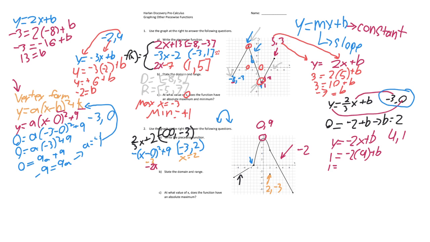So 1 is equal to -8 plus b. Add 8 to both sides. 9 is equal to b. So -2x plus 9.